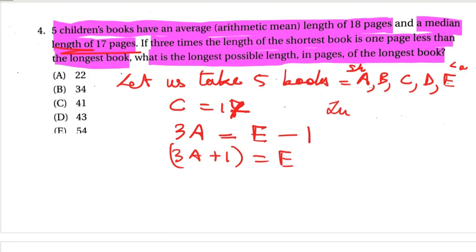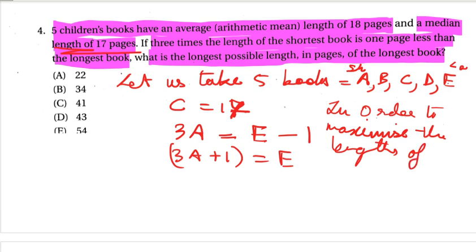In order to maximize the length of B and D, in order to maximize the lengths of B and D, this means you have to maximize the lengths of B and D over here, because those 2 are left.